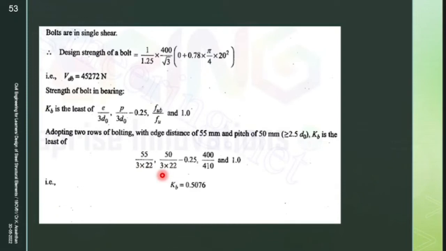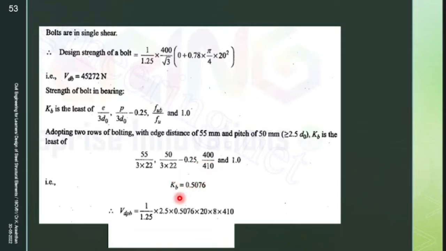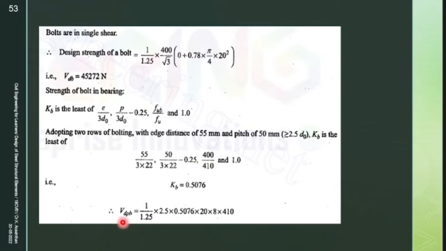So you have all the conditions. Are you getting Kb as 0.5076? Yes, this is the least value.